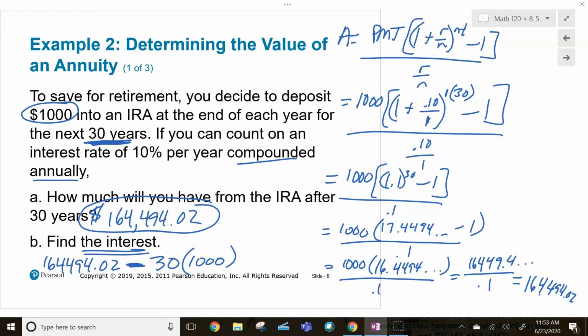So I got to subtract 30,000 from 164,494.02. So I get 134,494.02. That's how much interest was made. I only invested $30,000 myself over that time period. 134,494.02 is free money. Free money.